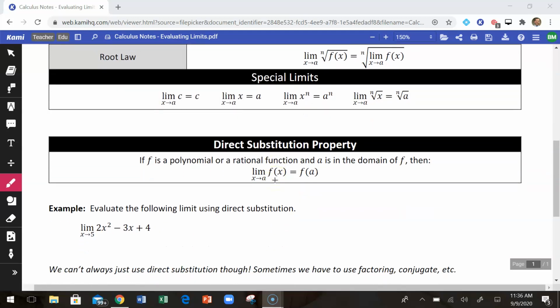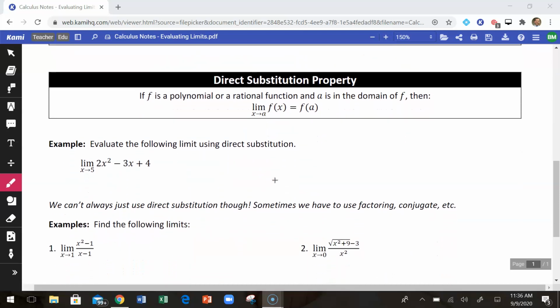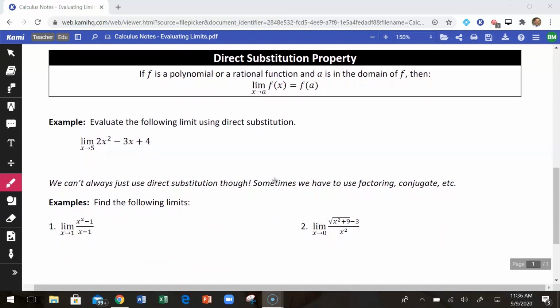So the main part here is that we have this property called direct substitution. And if we are going to try to evaluate a limit algebraically, the first thing that we are always going to try is direct substitution.